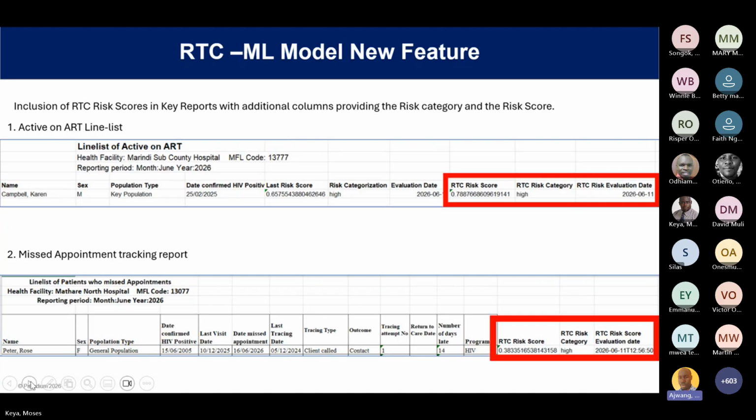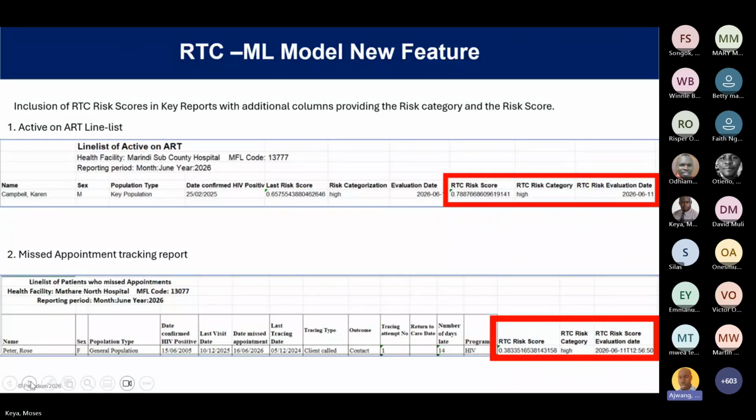Okay, so Eric will not be in a position to demonstrate everything, so some of the simpler but bigger features that have been enhanced and included here are now highlighted in the following screenshots. Before you is the one on the returning to care ML model.